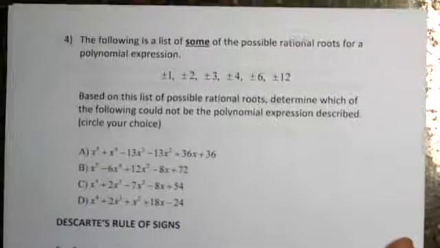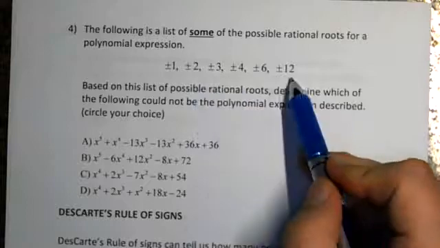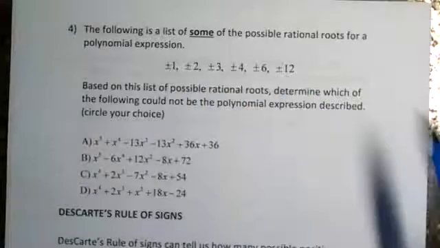Here's another one. If you notice, these are a little more Common Core-ish than the others. The others are real straightforward. These are kind of coming at it from a different direction. The following is a list of some of the possible rational roots for a polynomial expression.